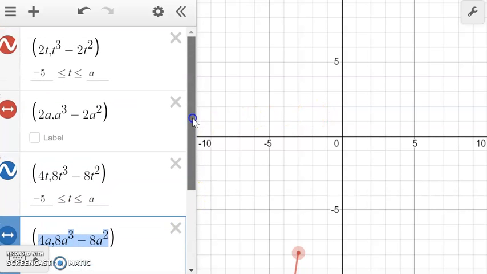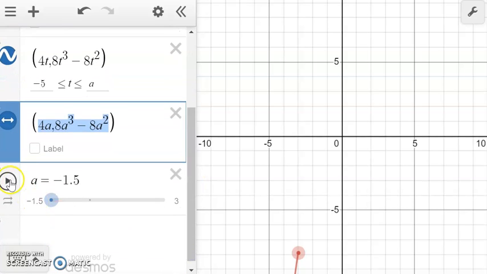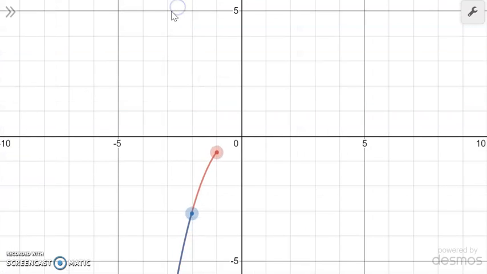Notice that the red is the first one that we graphed. That's the one where x equals 2t. The one in blue is the one in 4t. So we'll go ahead and push play and see what happens. Where's the blue? Oh, there it is. It came from behind and it's going faster, right? So it looks like they're traveling the same path, but blue is traveling that path twice as fast.